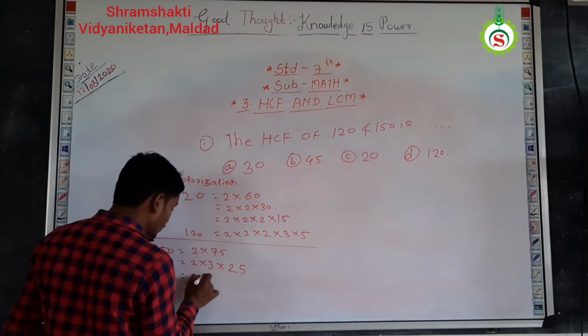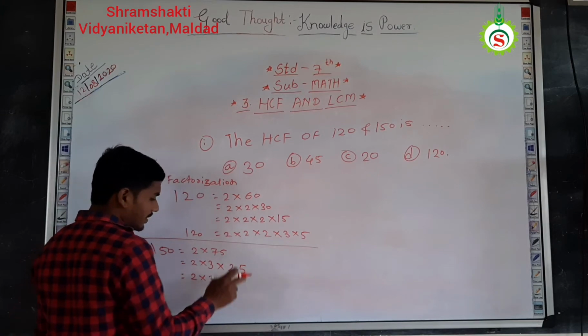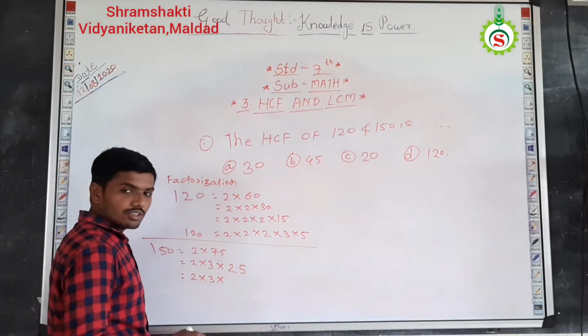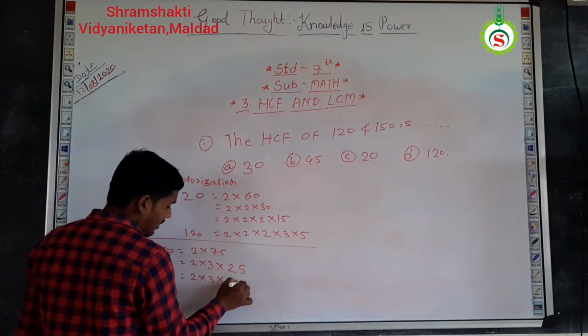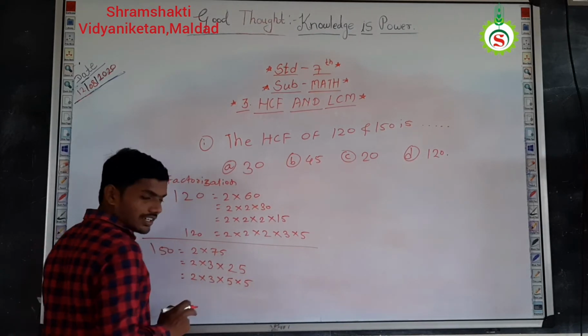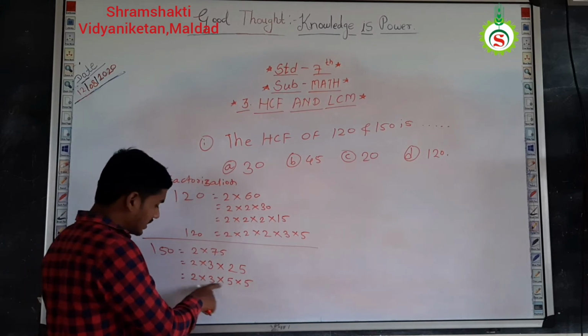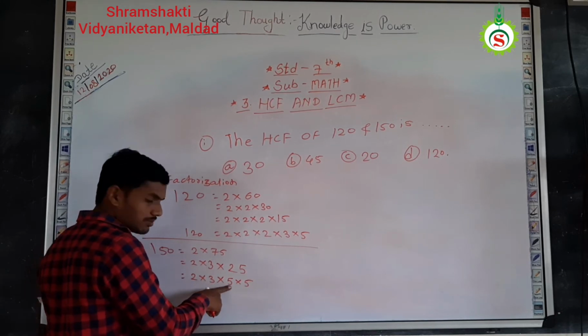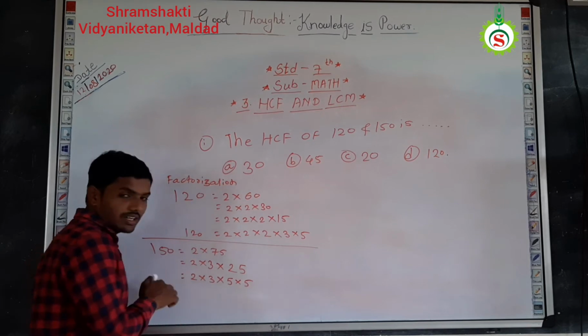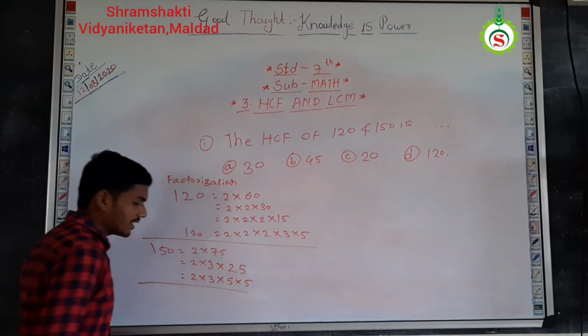Now again, which is the smaller number which will divide 25? Obviously 5. So 5 5s are 25. Now 2 3s are 6, 6 5s are 30, 30 5s are 150. That means my factors are correct.